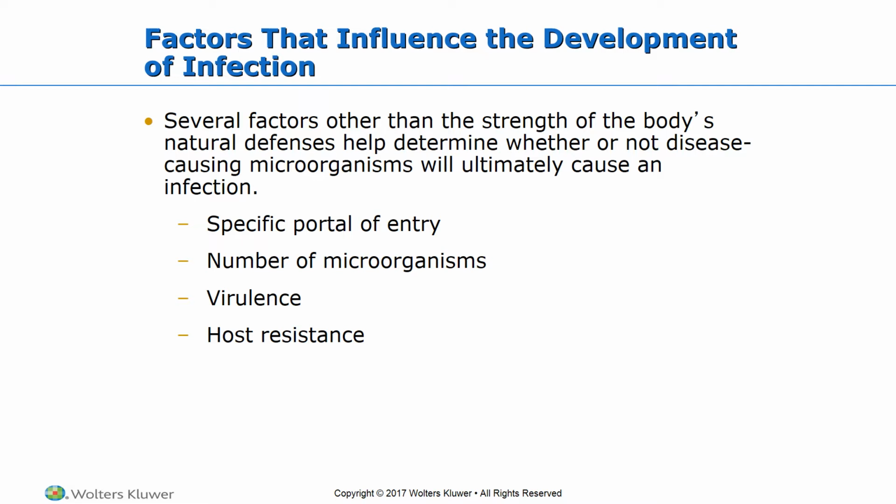The number of microorganisms: was it one virus that got in, or 1,000? Was it one bacteria that was easily overwhelmed by the body's immune system, or was it 1,000 bacteria that got a foothold and started an infection?